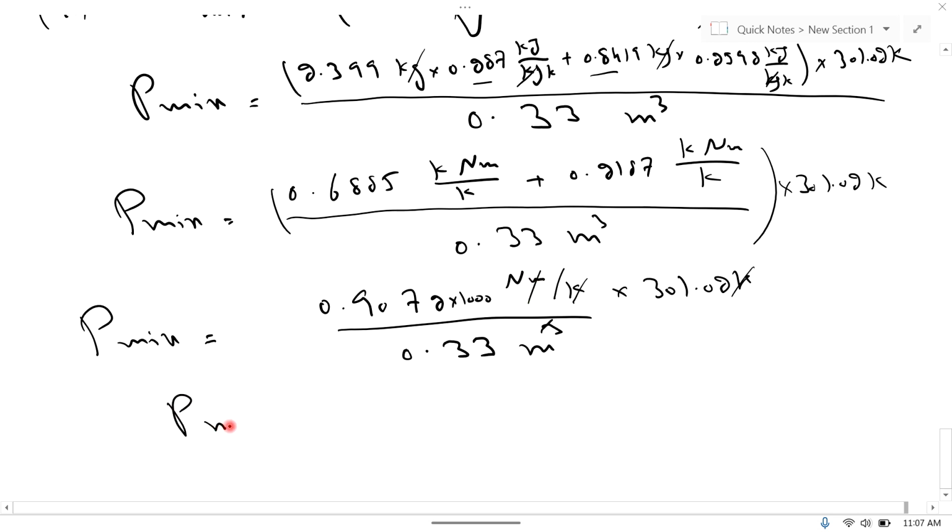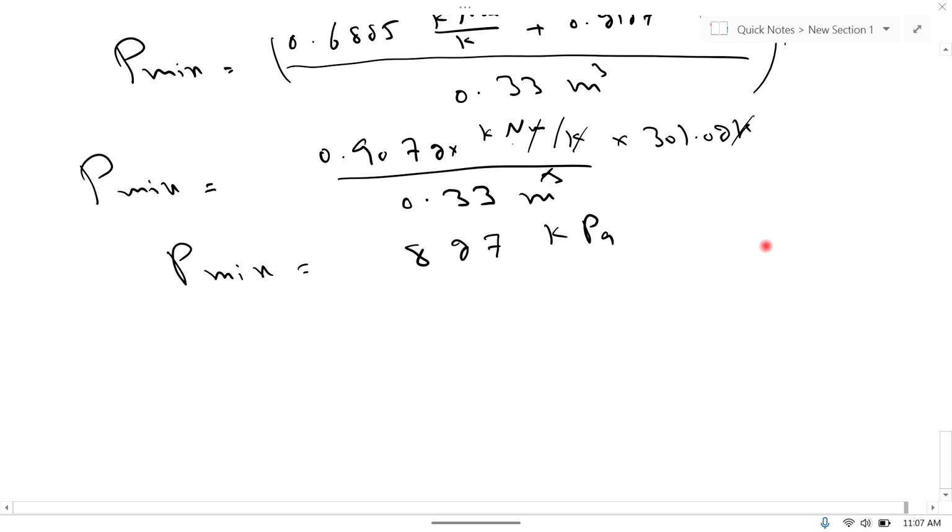So pressure of the mixture is equal to 0.9072 multiplied by 1000 multiplied by 301.02 divided by 0.33 is equal to 827. Sorry, this is kilo and Newton per square meter is equal to Pascal, and this is 827. Now 0.9072 multiplied by 301 divided by 0.33 is 827.